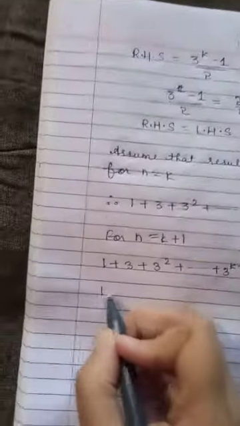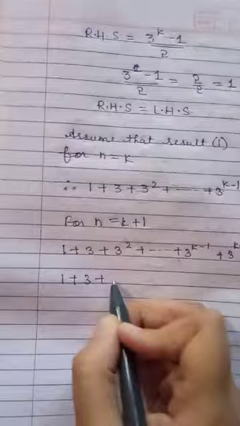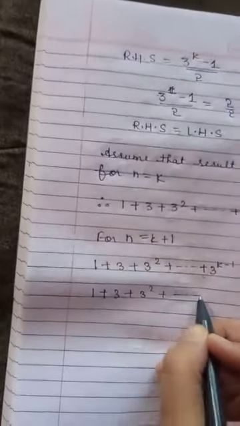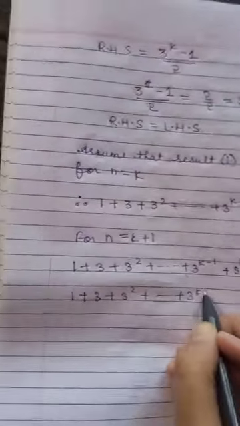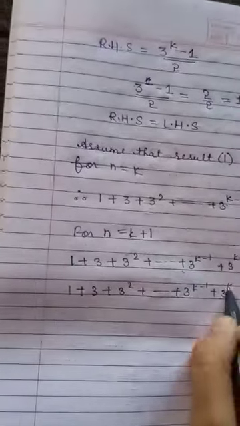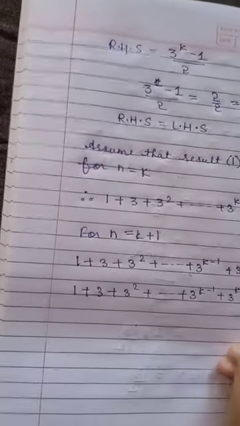So here this becomes 1 plus 3 plus 3 squared plus ... plus 3 raised to power k minus 1 plus 3 raised to power k is equal to (3 raised to power k minus 1) upon 2.